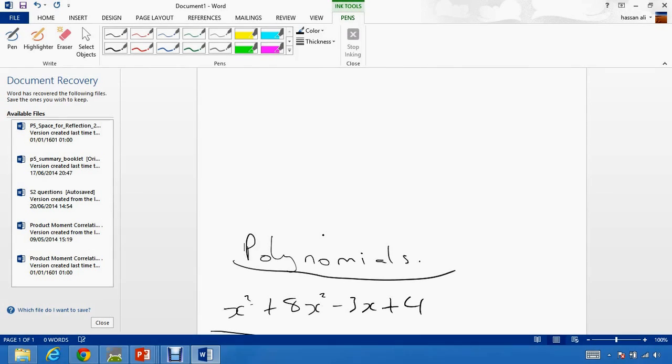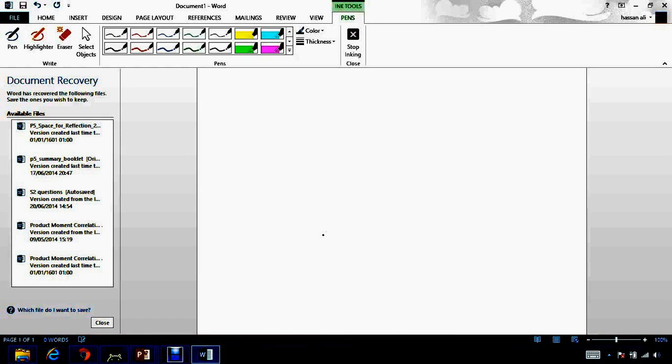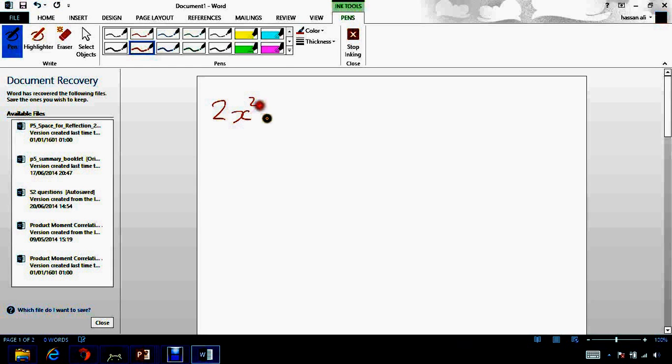Now sometimes you get a question where they will give you 2x squared, they'll give you a coefficient, we call that a coefficient of x squared. Now that has a slightly different approach. So for example, if we had 2x squared plus 7x plus 6.